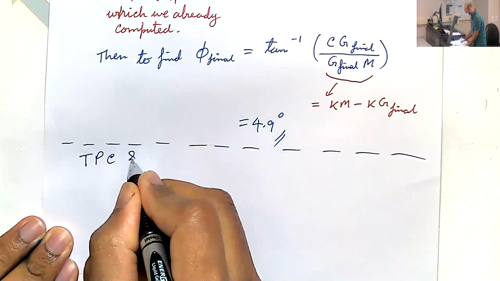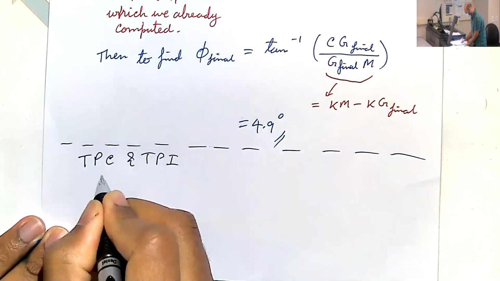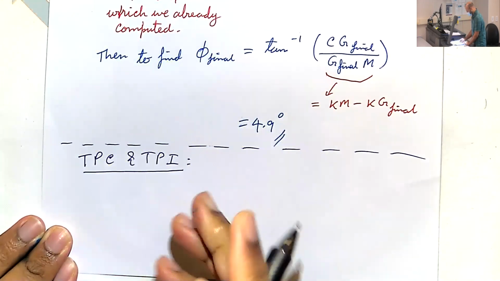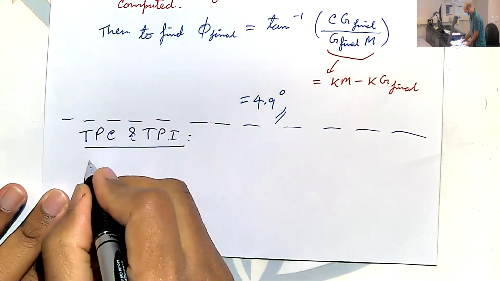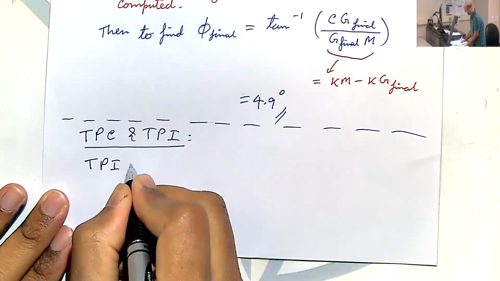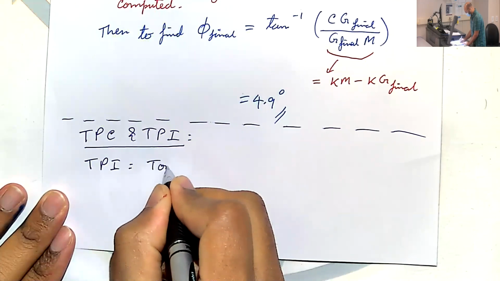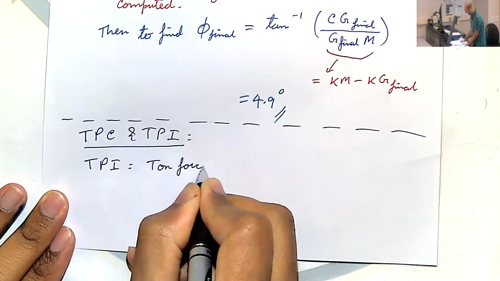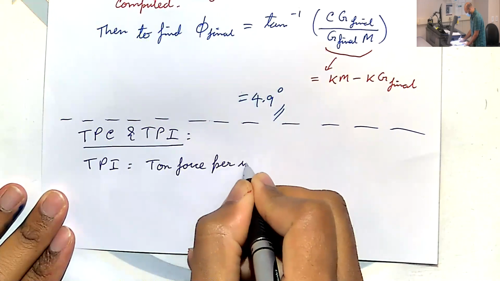The abbreviations are basically ton force per inch.